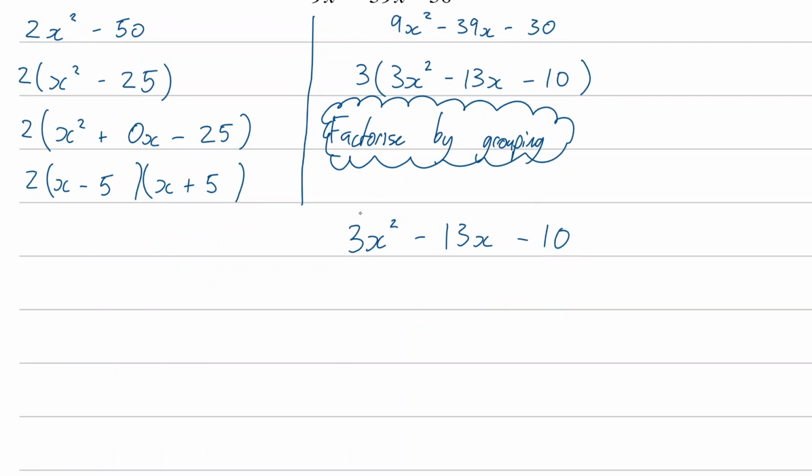So there's a few steps, but once you practice it, you'll get it. We take the coefficient of x squared and multiply it by the constant. So this minus 10. 3 times minus 10 gives us minus 30. Now we need to think of two factors that multiply to negative 30 and add to negative 13.